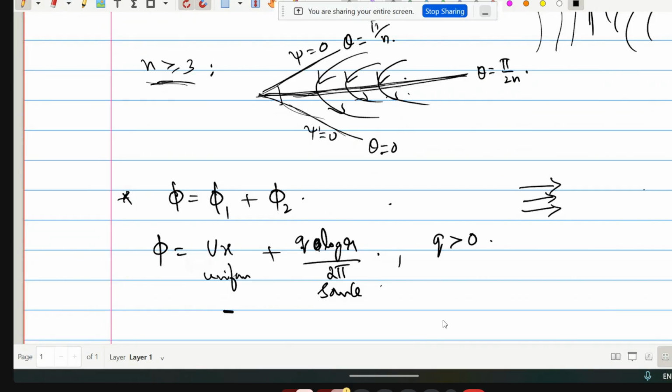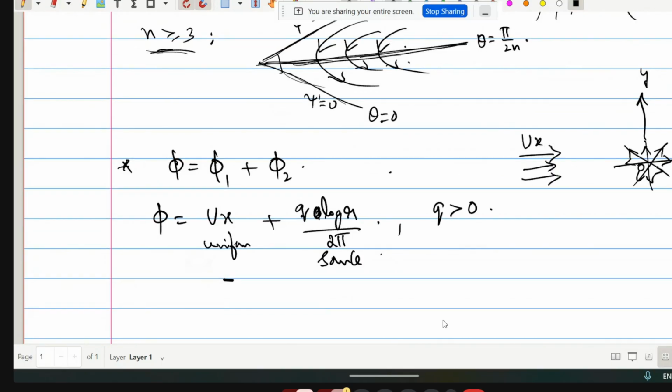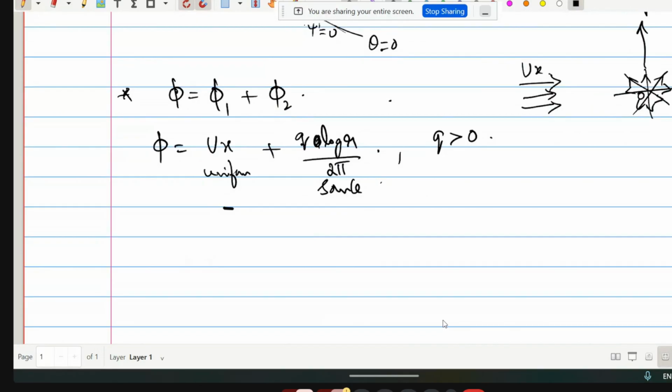All these directions are going out. These are your streamlines. If you put this, the source is at 0. This is your x and this is your y. At 0 you have a source, and from infinity you have a uniform flow coming. So if you consider this one, what is that?